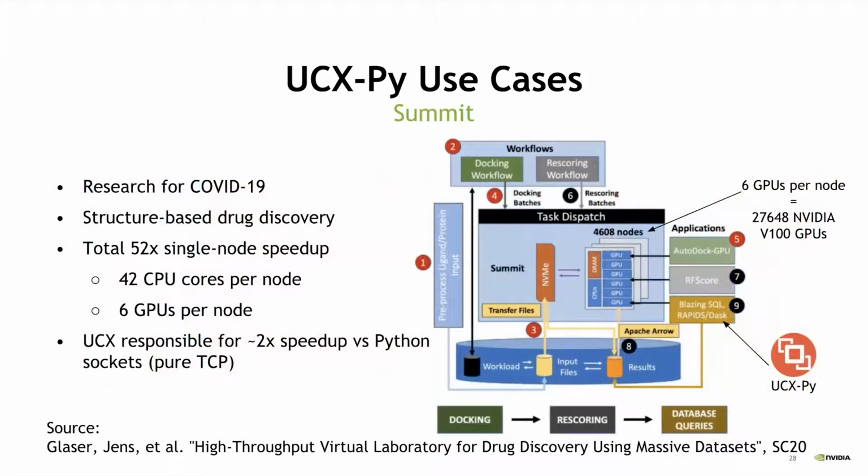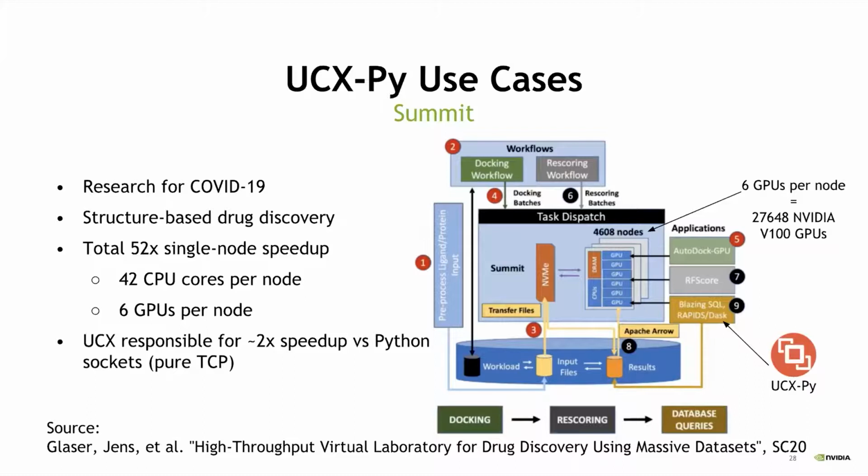Another very important and exciting use case that we have is on Summit, the ORNL supercomputer, on research for COVID-19. This research is a structure-based drug discovery workflow, and it achieved a total speed up of 52x when comparing 6 GPUs versus the 42 CPU cores on each node. So this is the speed up for a single node, and UCX is responsible for about 2x of that speed up versus the Python sockets.